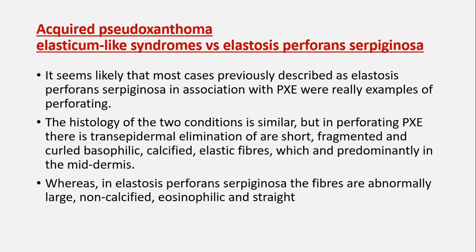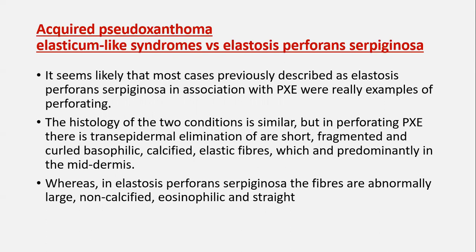How is acquired pseudoxanthoma elasticum-like syndrome different from elastosis perforans serpiginosa? It seems likely that most cases previously described as elastosis perforans serpiginosa in association with pseudoxanthoma elasticum are really examples of a perforating disorder.